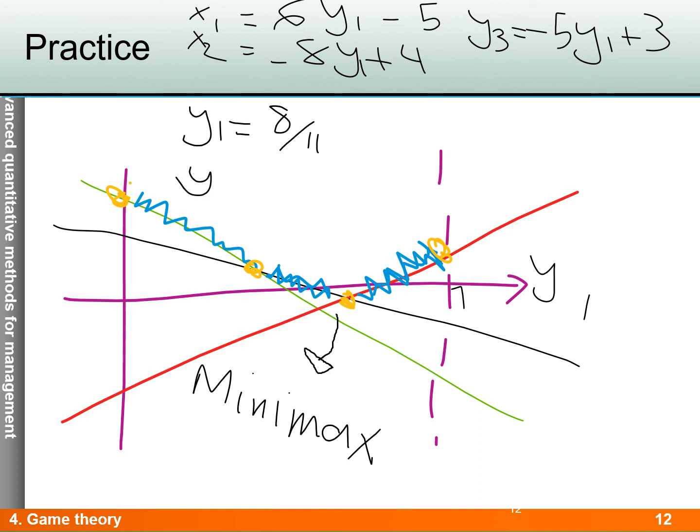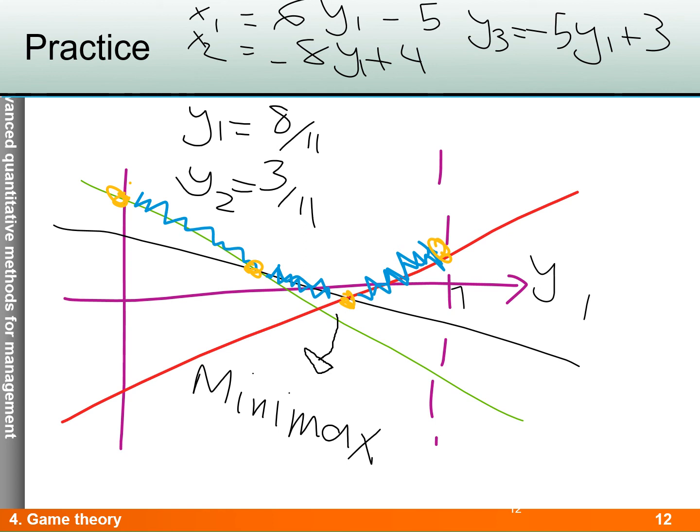So based on this, if I put y2 equal to 1 minus y1, it will give us 3 divided by 11.